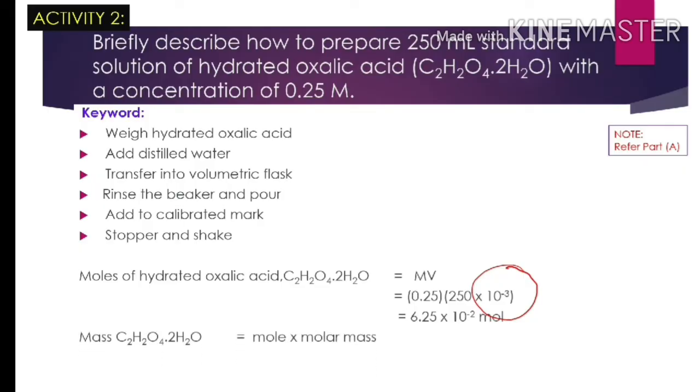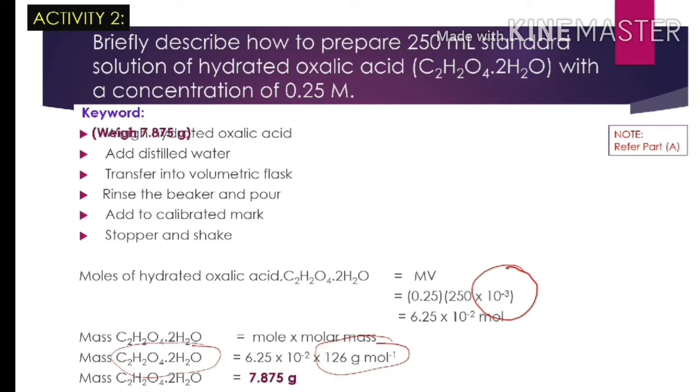So mass is mole times molar mass. Molar mass is 126 gram per mole. So the answer is 7.875 gram.